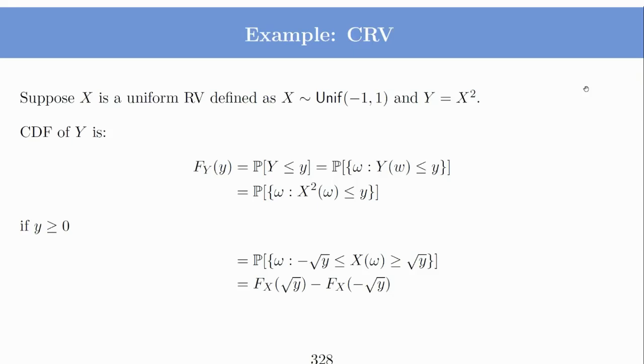And Y(omega) is X squared of omega, so this is the same as the probability of all omega such that X squared of omega is less than or equal to y. Now, when is X squared of omega less than or equal to y? When X(omega) is between minus root y and root y. So what is the probability that X is between these two numbers?